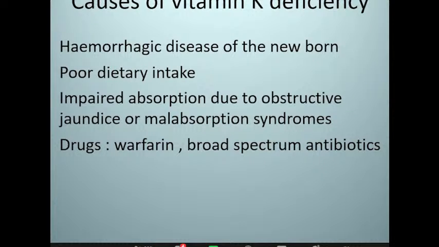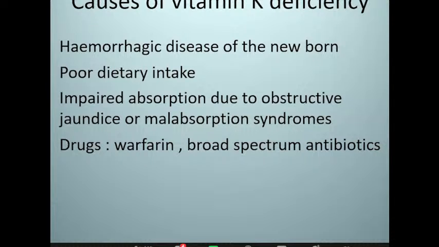And a similar effect is seen when we use broad-spectrum antibiotics, because it clears out some of the bacteria in the gut, which synthesize vitamin K. So we get a vitamin K-like deficiency with the prolonged use of broad-spectrum antibiotics.